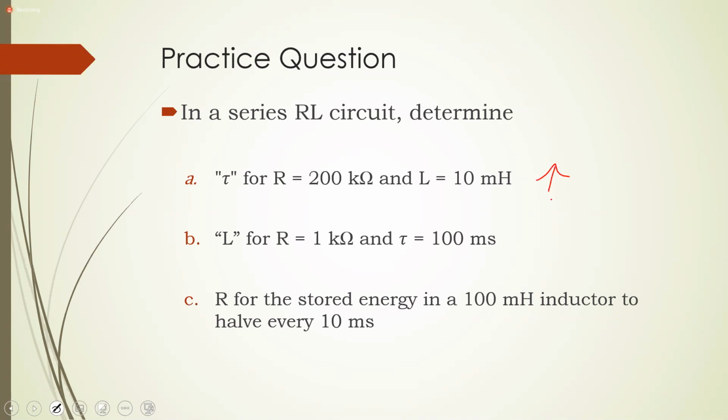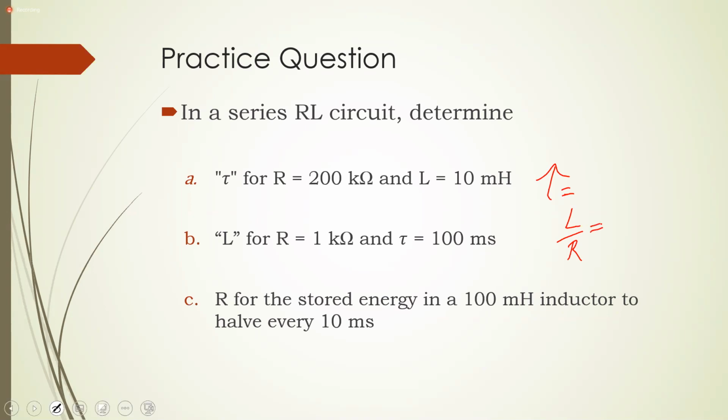You said I equal 200? No, R equal 200, L equal 10. What's the formula for tau? Tau equal L over R. What's L?